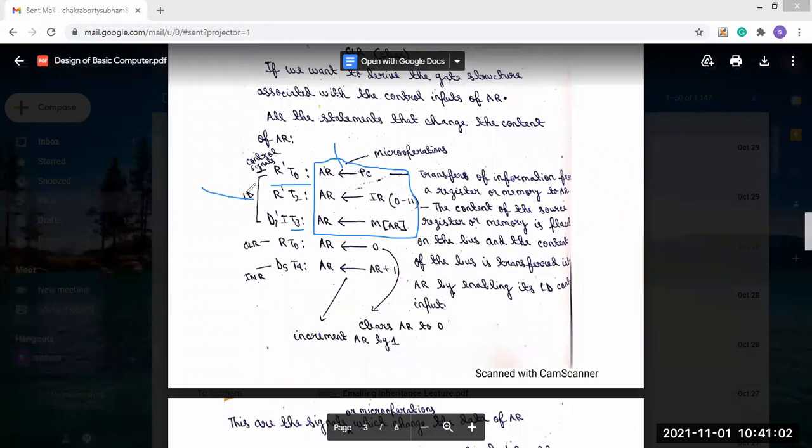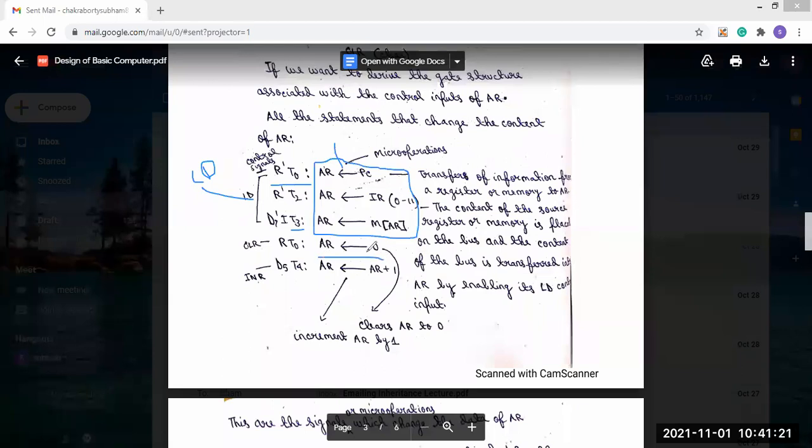So these three operations are of LD. LD means a load operation. In load operations on a register, we use the LD command. So all of these operations are related to loading into the register.